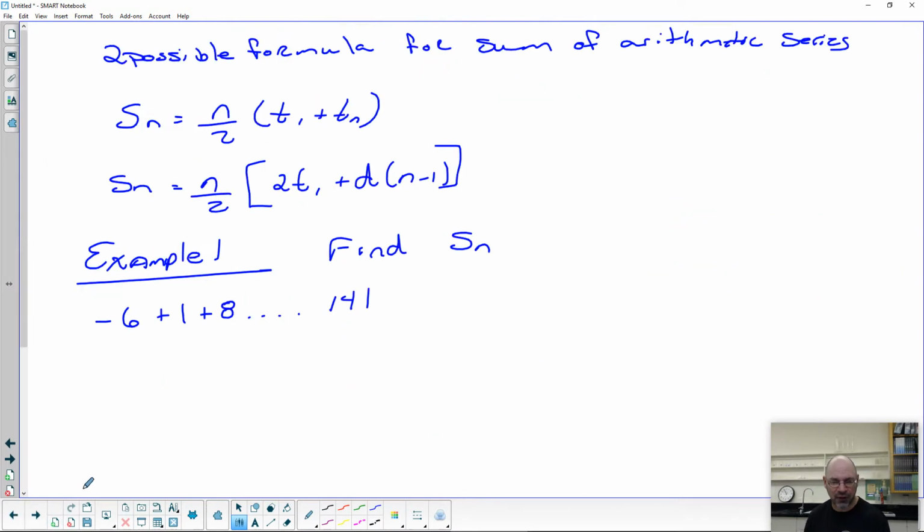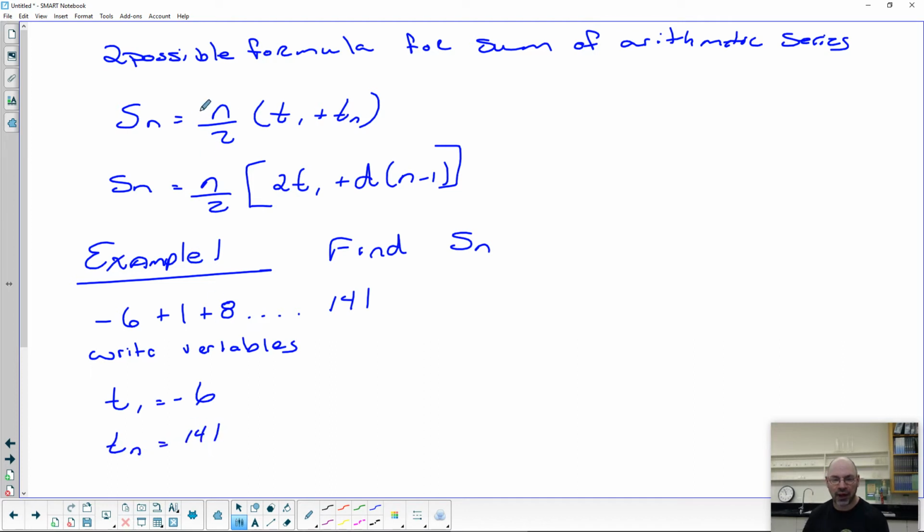So when we go back here and say I have this -6, then a +1, then a +8, I'm adding 7 every time. So the first thing is to write our variables that we know. So we know that the first term is -6. We know that the final term is equal to 141.